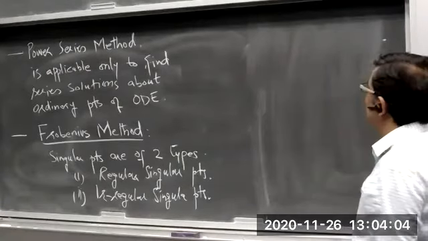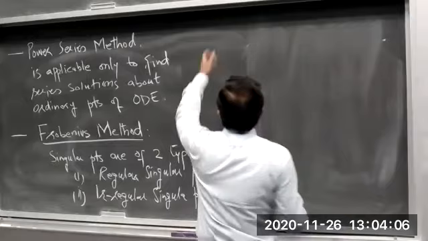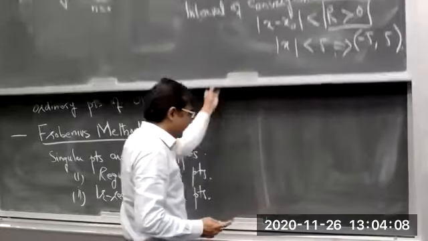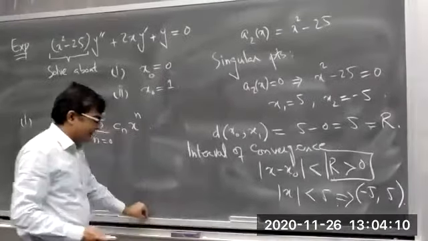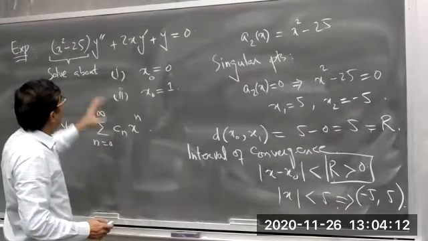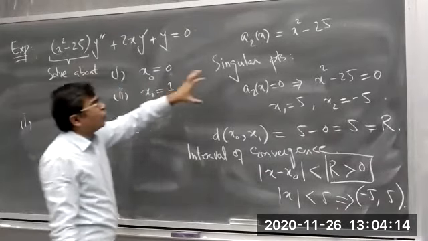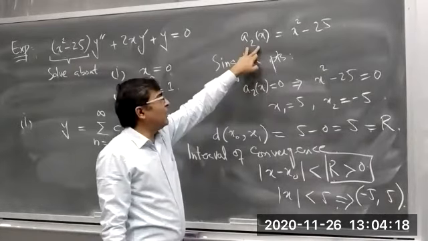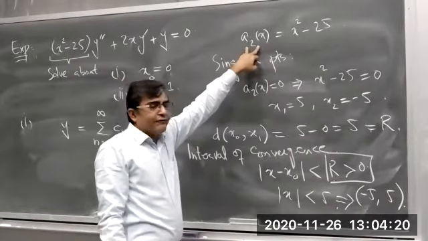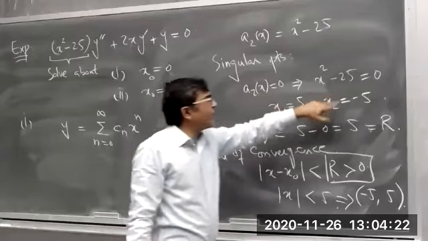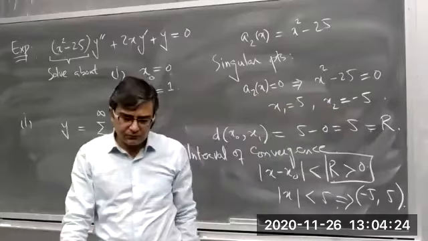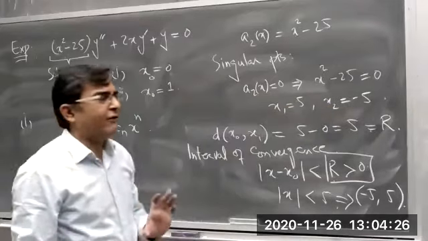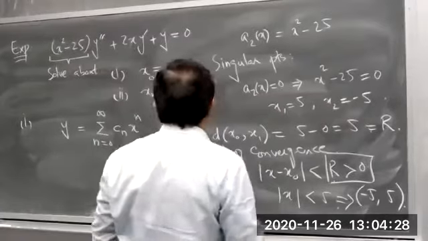We know what singular points are. We discussed this in the previous lectures. Singular points are those points where the coefficient of y double dash is 0. If we put the coefficient of y double dash equal to 0, we can find the singular points. This was one way of finding singular points. What was the other way?